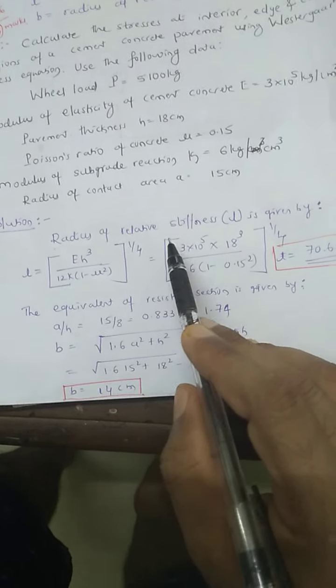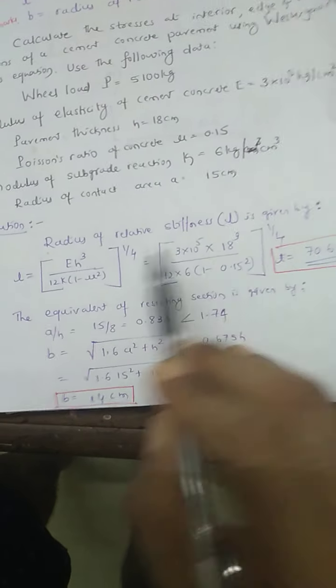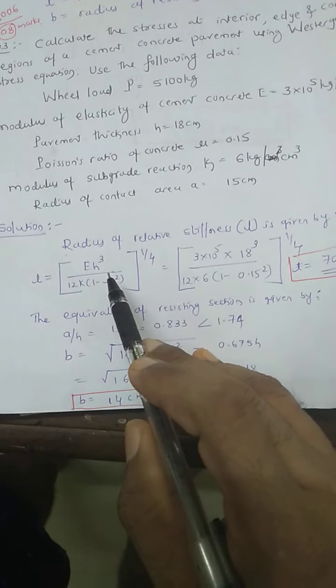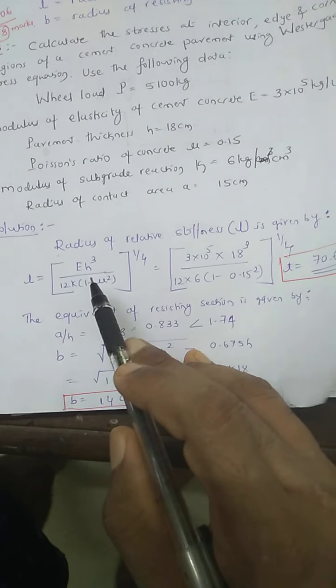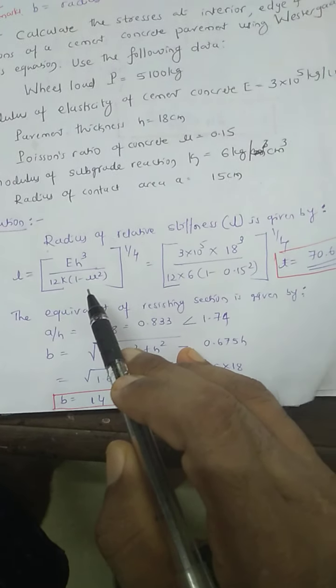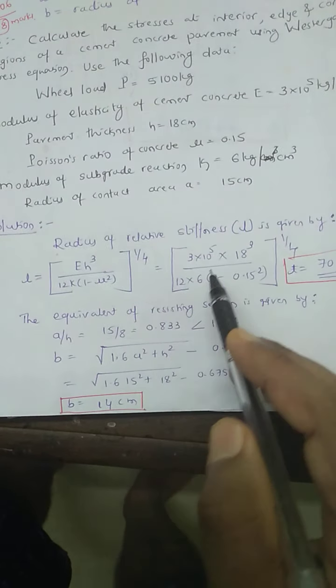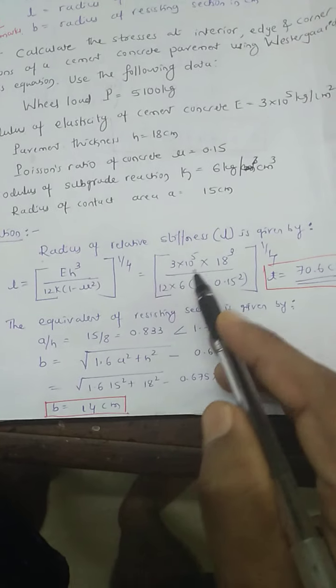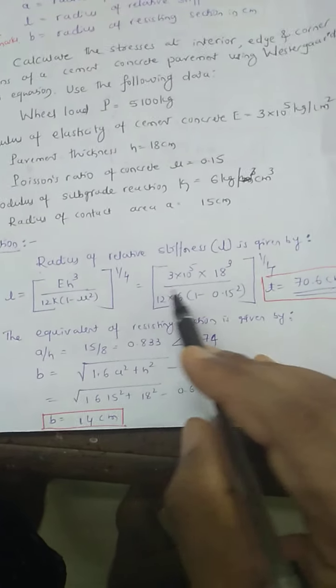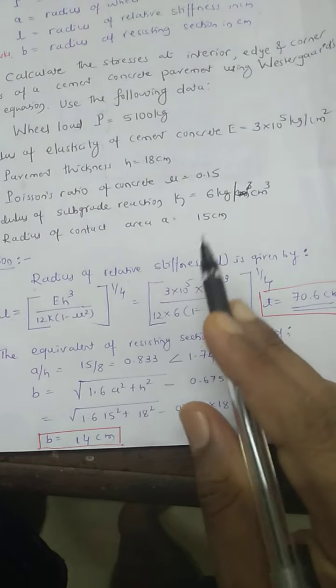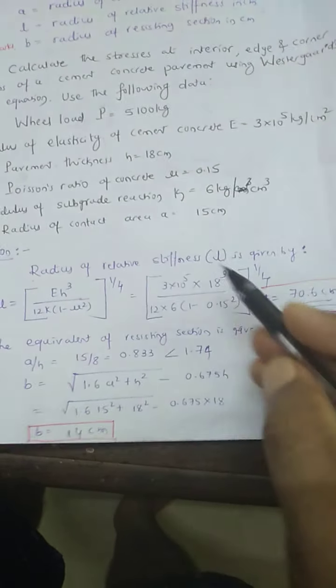The radius of relative stiffness L is given by, this is the equation we already discussed in the first and second video, L equals E H cube divided by 12 K into 1 minus mu square, bracket close, to the power 1/4. So put the values in this formula. H is 18 here, that is the slab thickness.